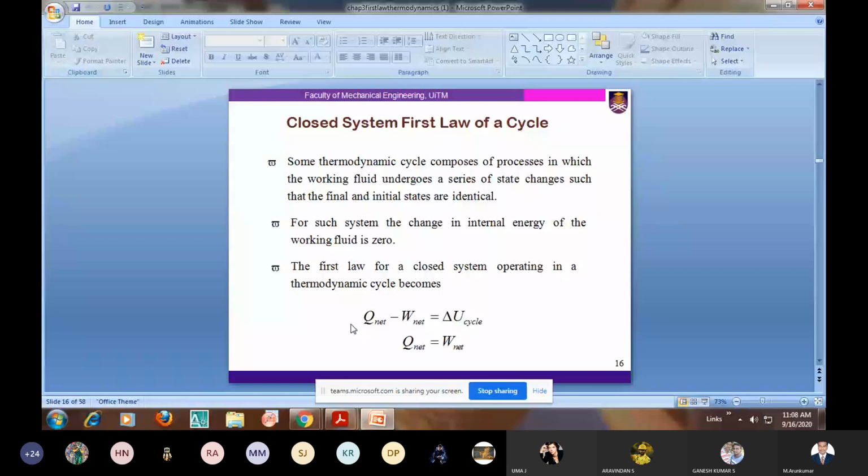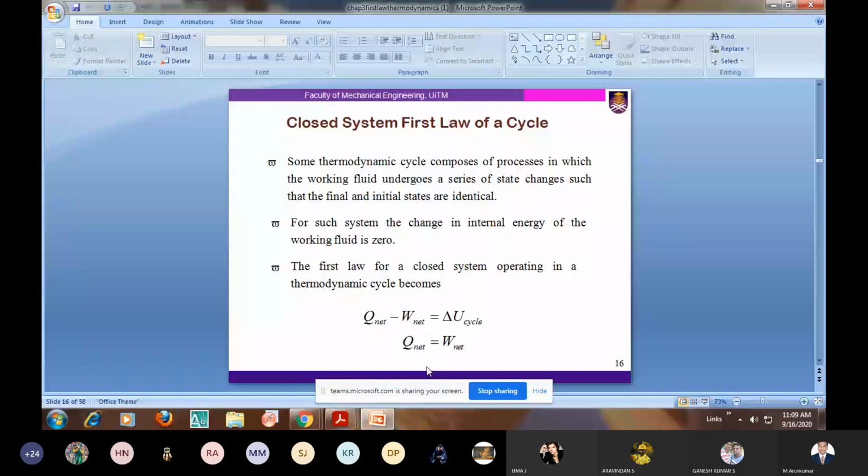So total of all the Q, then total of all the W, equal to total of all the internal energy change. We know this delta U for a cyclic process is 0. Then we have the equation Q net equal to W net. So if you add heat to the system, that heat energy will be directly transferred into work. That is the definition of this equation: Q net is directly equal to your W net.